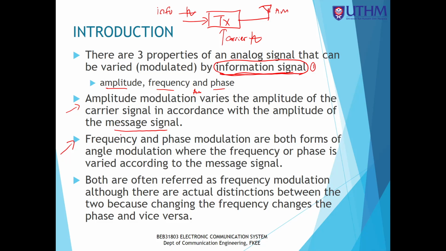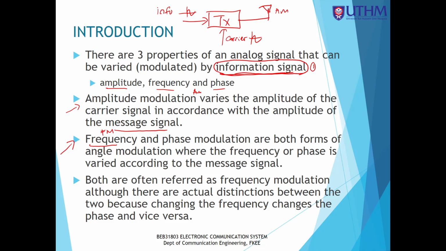Okay, and then what about frequency? Frequency and phase modulation are both forms of angle modulation, where the frequency or phase is varied according to the message signal. Frequency modulation, FM, is the process of changing the frequency of the carrier in accordance with the amplitude variation of the input signal.